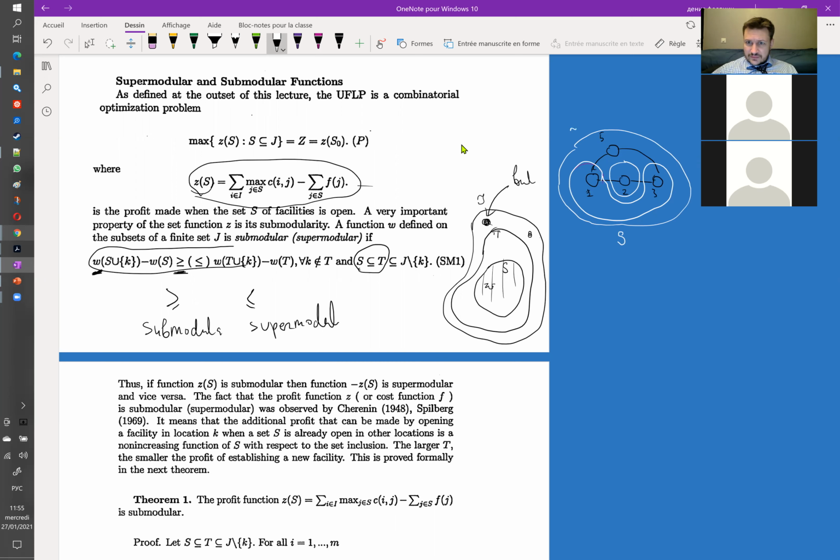This one is T. So S is 3, T is 1, 5, 3, and J is 1, 5, 2, 3, and K is 2.